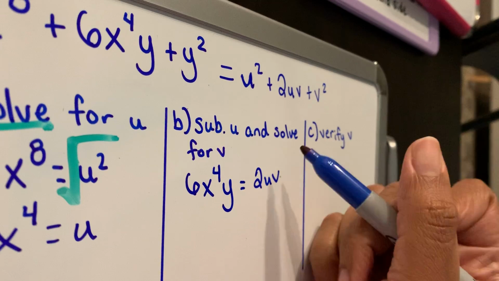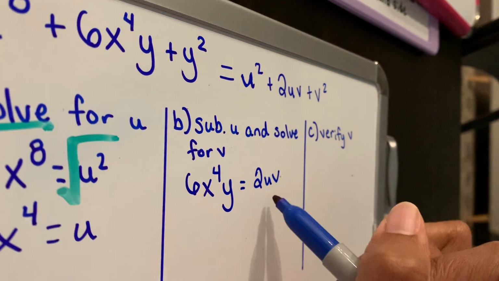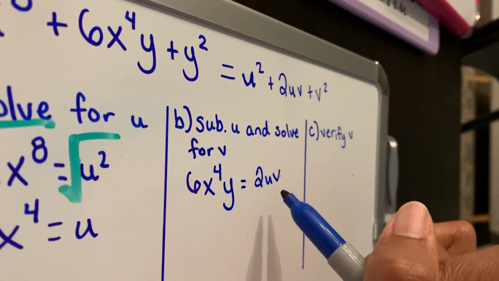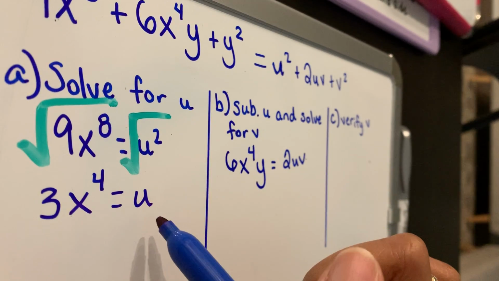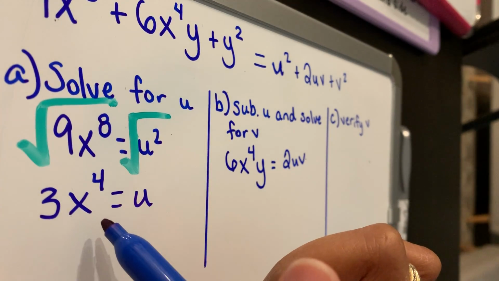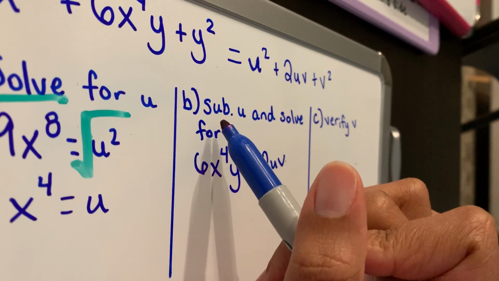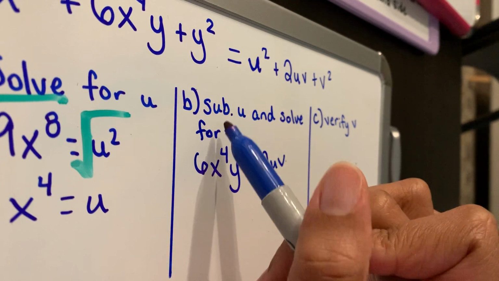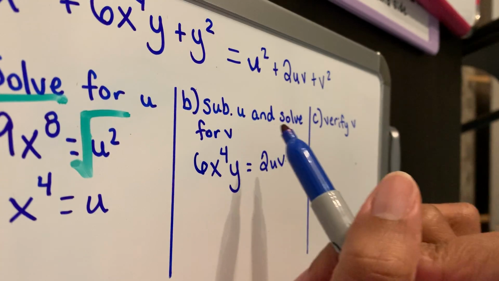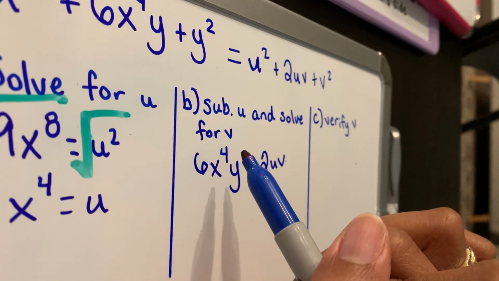Now, the goal is to solve for v, all right? But I have that u in the way. But that's not much of a problem because we already saw that u equals 3x to the 4th. So that's why I have this little note here. Sub is short for substitute. Substitute u and then solve for v, okay?